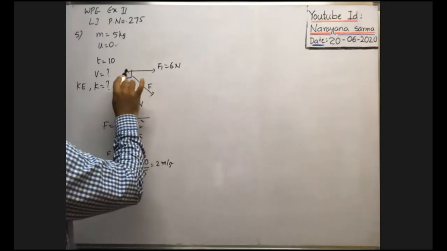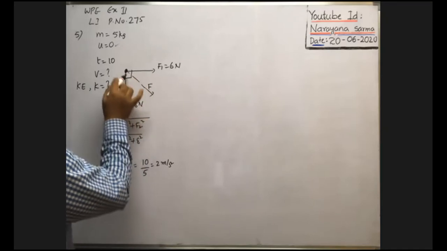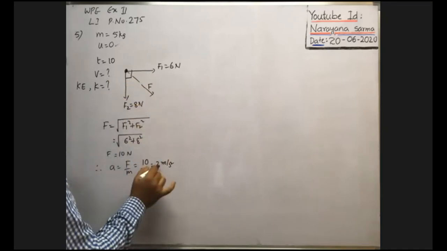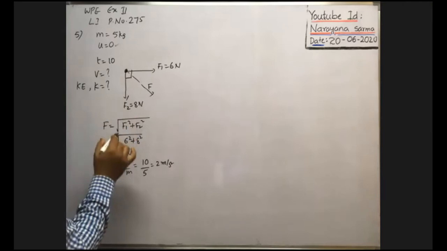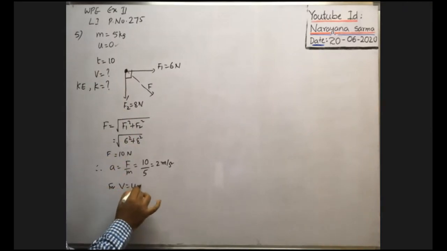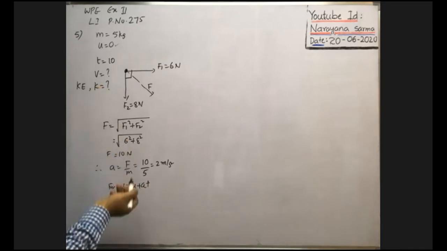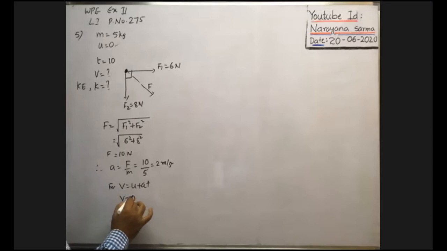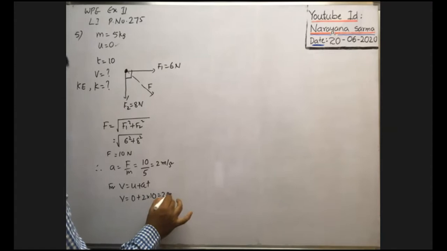It neither travels along this direction nor along that direction. It will travel along this direction with this acceleration. So after 10 seconds, what is the velocity of the body? From v is equal to u plus at, we have to find v, because if you know the v value, then the kinetic energy can be calculated. So u is 0 plus a is 2 into t is 10 seconds, that is equal to 20 meter per second.